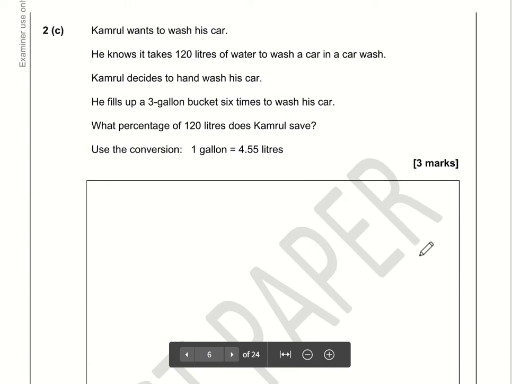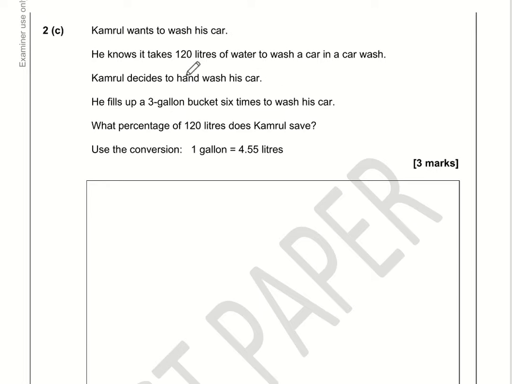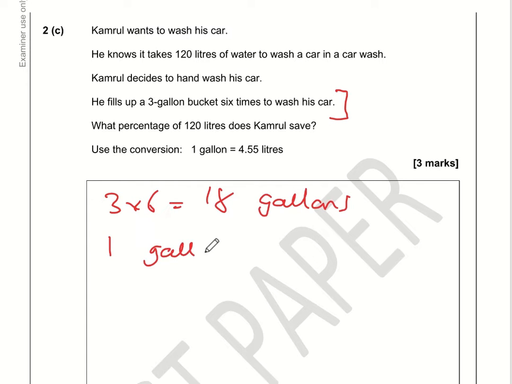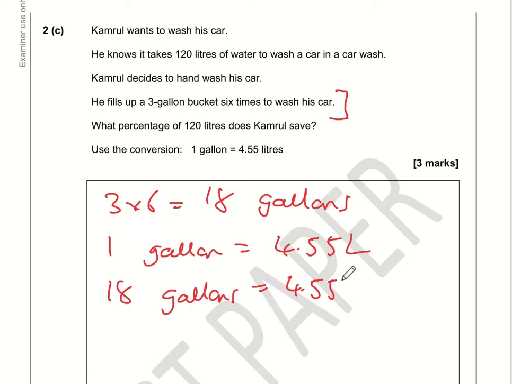Okay, so for this question, the key thing is that he's filling up a 3-gallon bucket 6 times, so 3 times 6 is 18. That is 18 gallons of water that he uses. We know that 1 gallon is 4.55 litres, so 18 gallons is going to be 4.55 multiplied by 18, which comes to 81.9 litres.